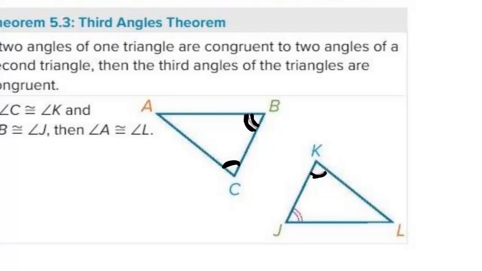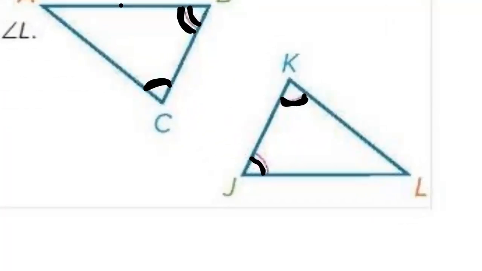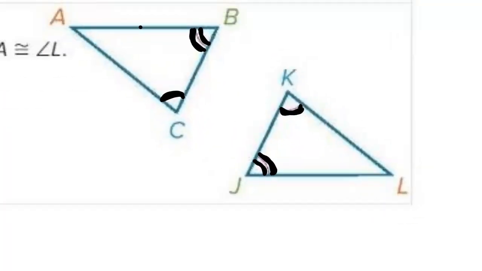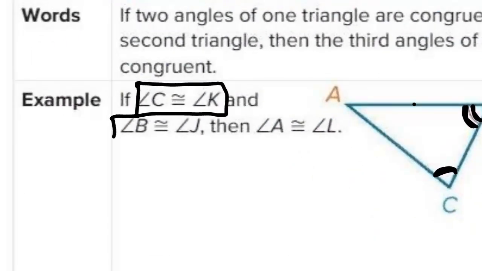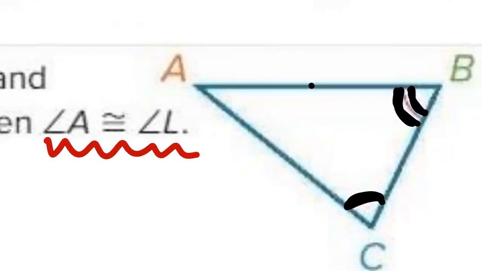So angle C is congruent to angle K. And then I have angle B is congruent to angle J down here. If I have two pairs of congruent angles, then that means that the third angle in each of those triangles has to be congruent. So angle A up here would have to be congruent to angle L down here.